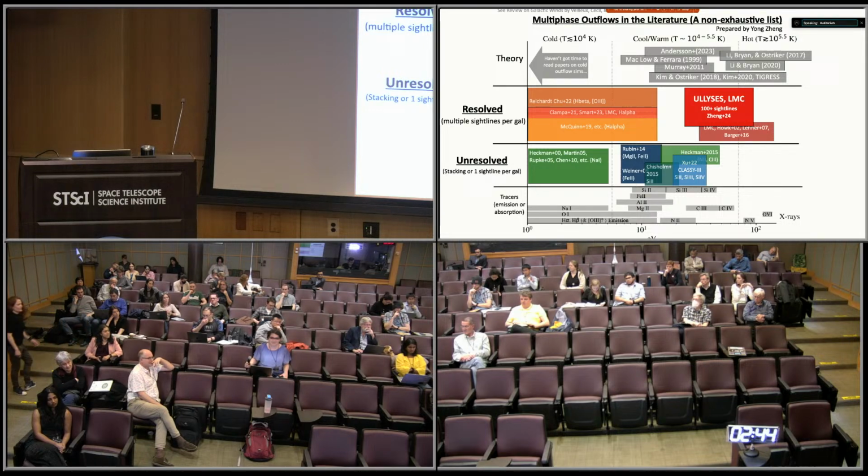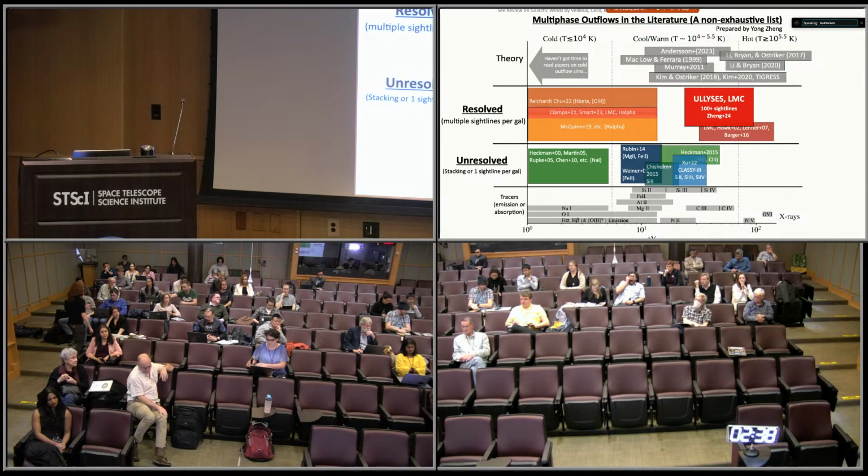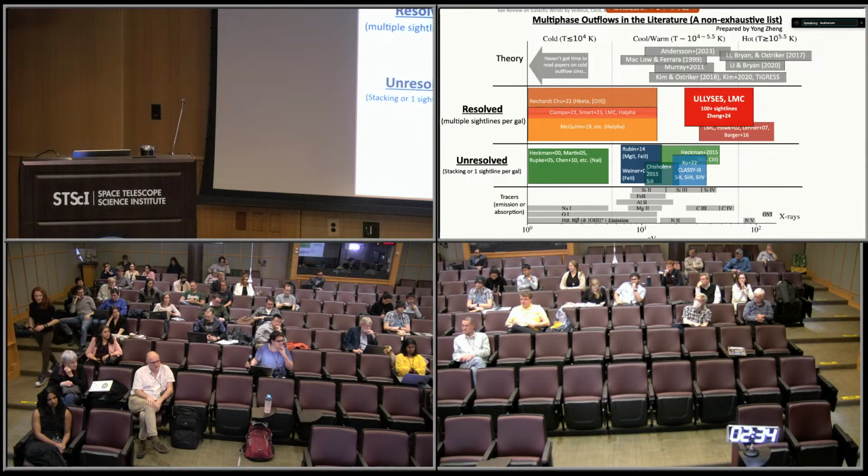But I think Ulysses will be really useful because there are a lot of sightlines very close to each other, in which case you can tell the difference between the sightlines. So there might be a lot more temperature and ionization study coming out of Ulysses sightlines. But so far, we don't know the nitty-gritty detail of the temperature structure. We know a range.